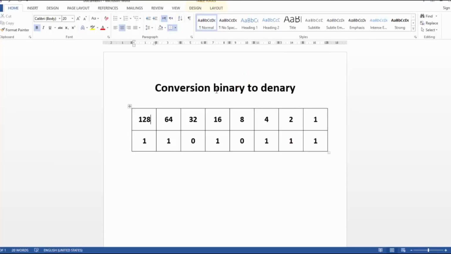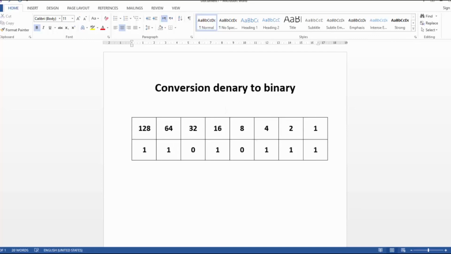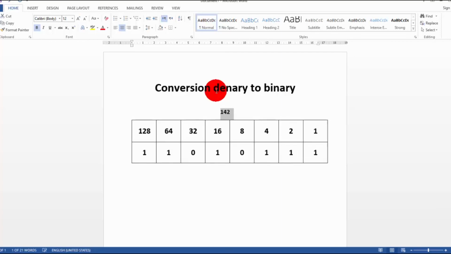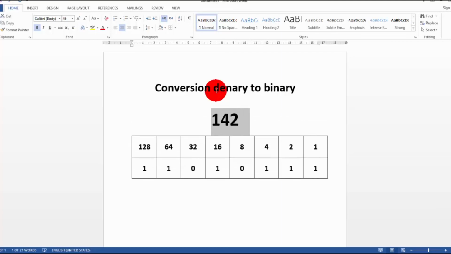Okay, now the next topic is denary to binary. Let's consider a number 142, right? This is a denary number and we have to convert it into binary.